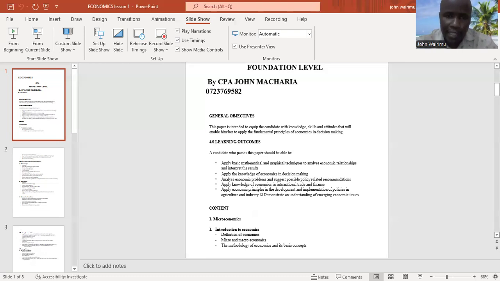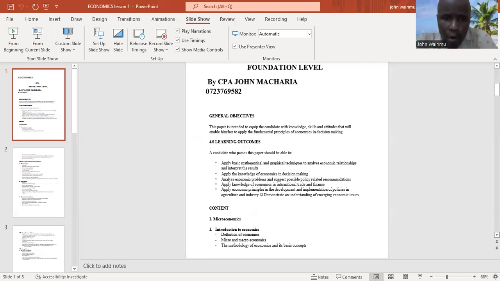So, these are the general objectives of this course, economics. Remember, after foundation level, you'll advance to intermediate and move on to the next stage. So you might not find this content again, but as this particular stage is important for you to understand, I will take you through the content that will be taught in this particular course shortly.